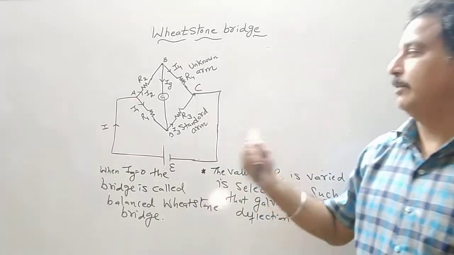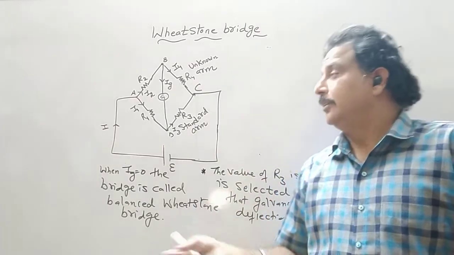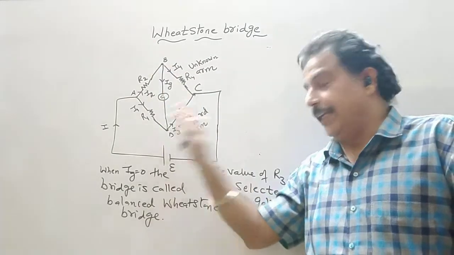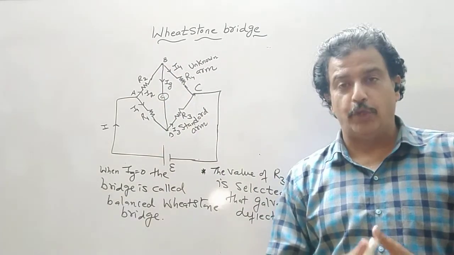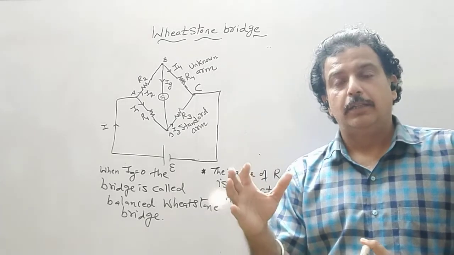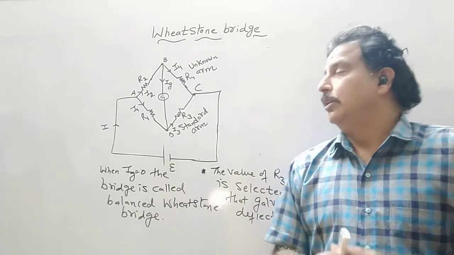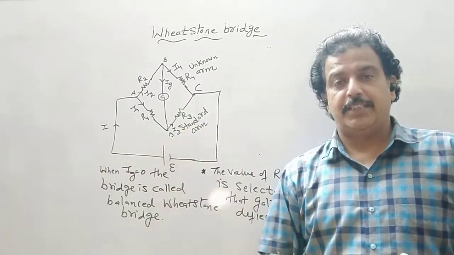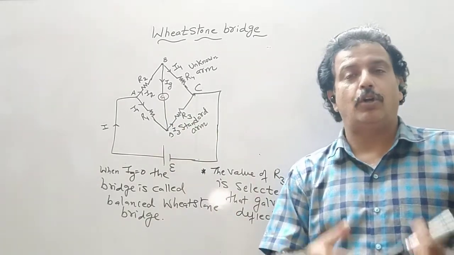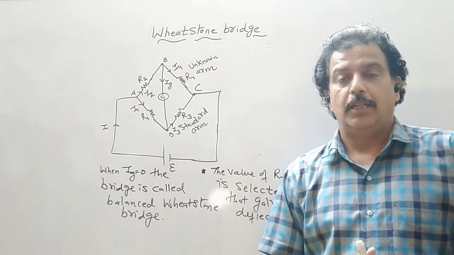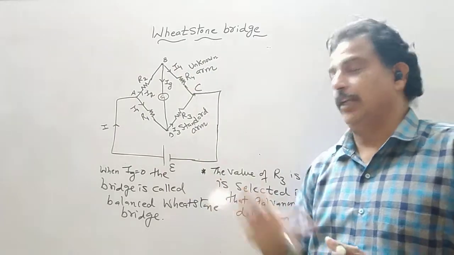So it may be possible in a numerical that a fifth resistor is connected between point B and D. Now if the Wheatstone bridge is balanced, then there is no use of that fifth resistance. Whether it is there in the circuit or not, it makes no change in any of our calculations.